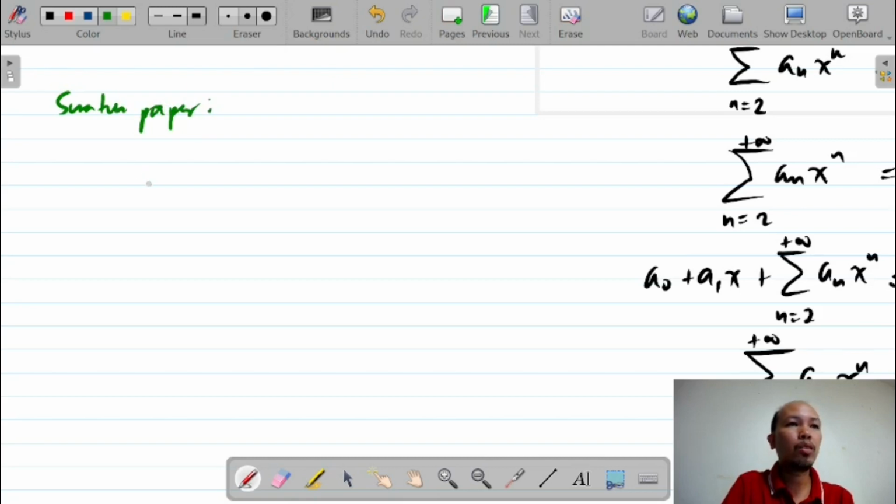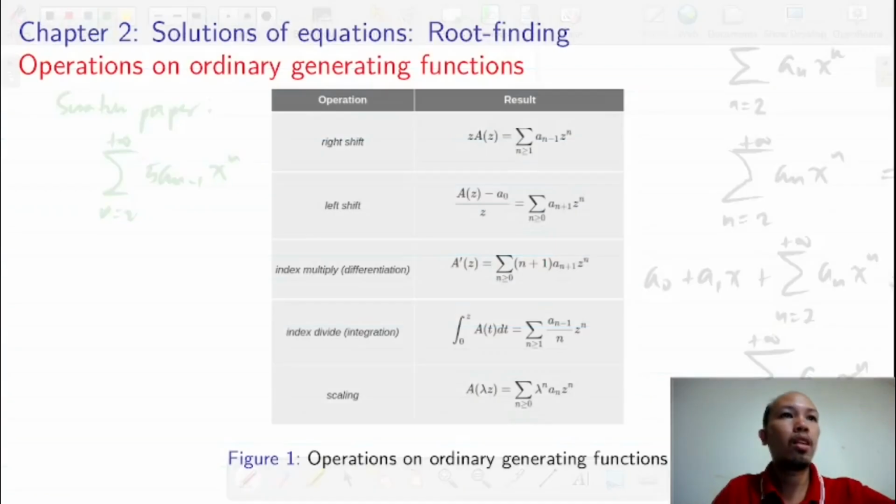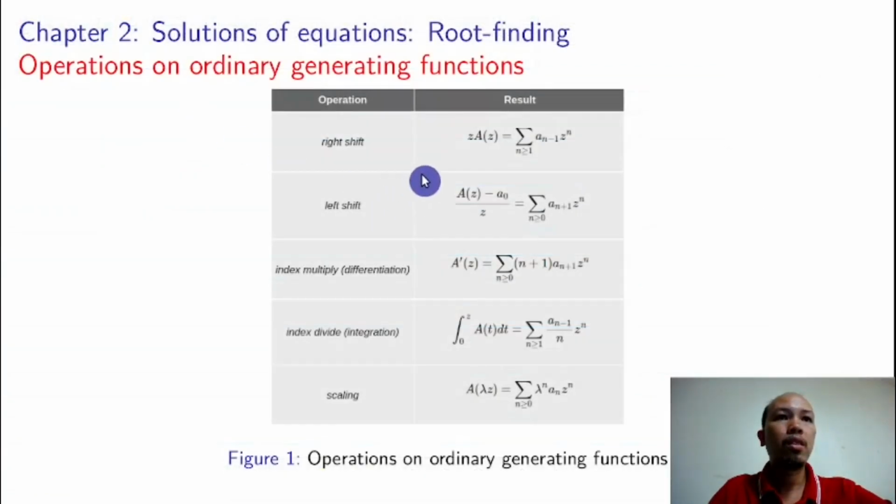Notice that if you have summation of 5 a sub n minus 1 x to the n, n is equal to 2 to positive infinity, this is a right shift.